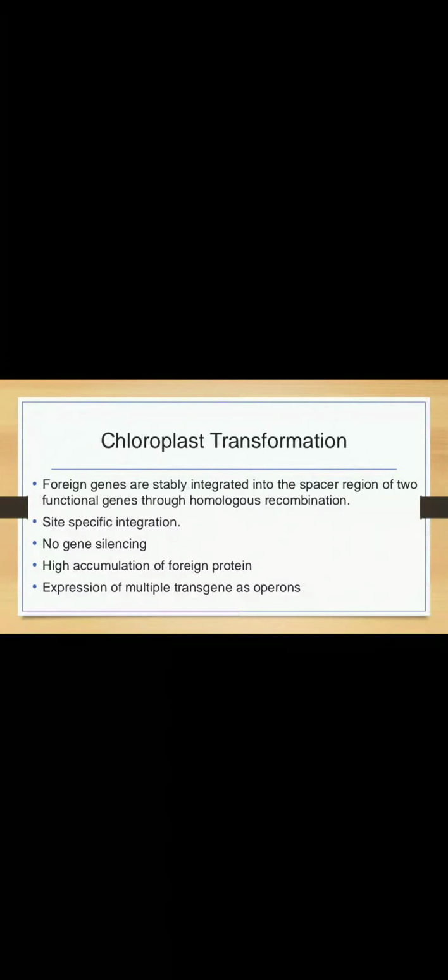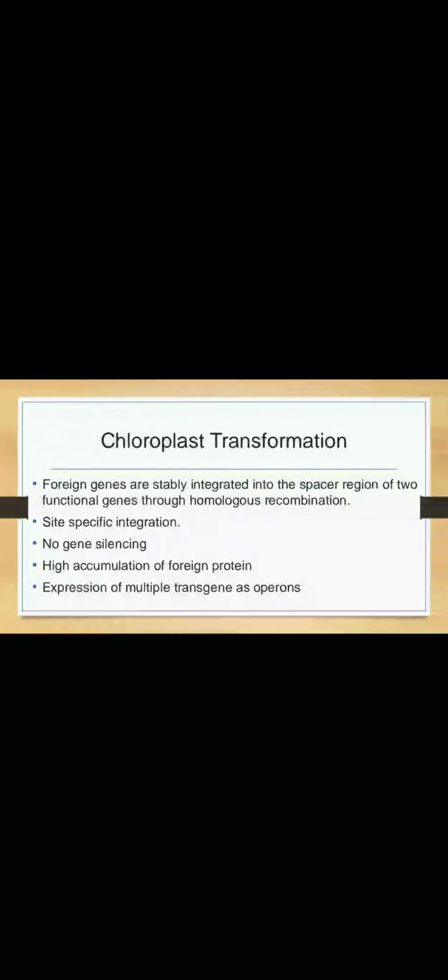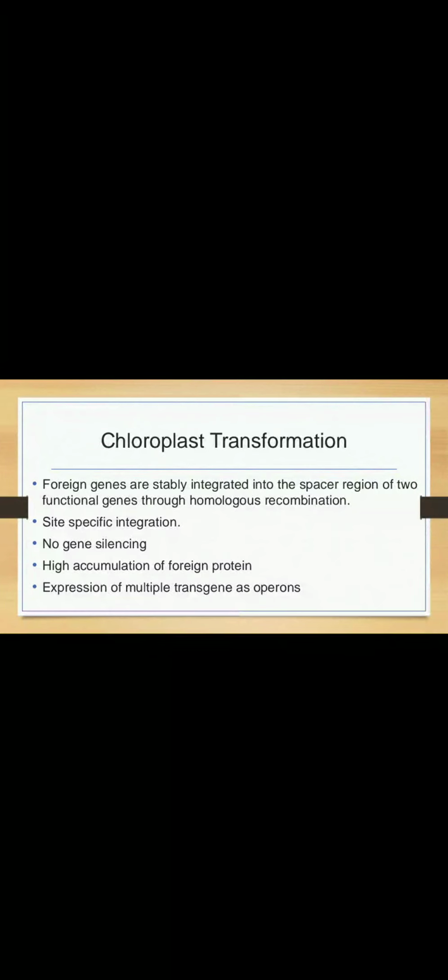It has been observed that in chloroplast transformation, chloroplasts have the ability to fold the foreign protein properly along with appropriate post translational modifications, which include disulfide bonds, the addition of carbohydrates, or the addition of lipids to these proteins.